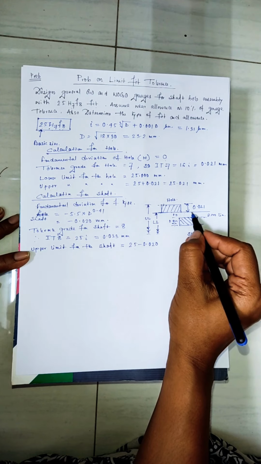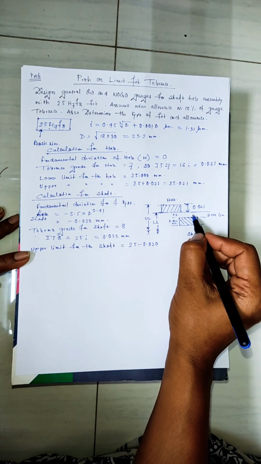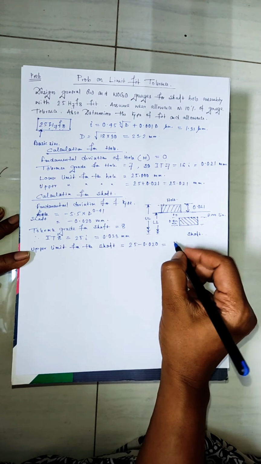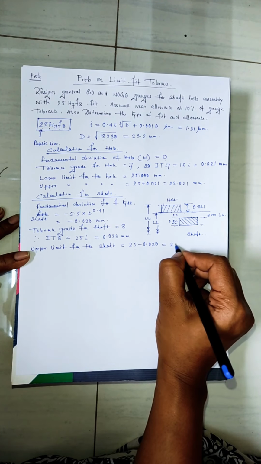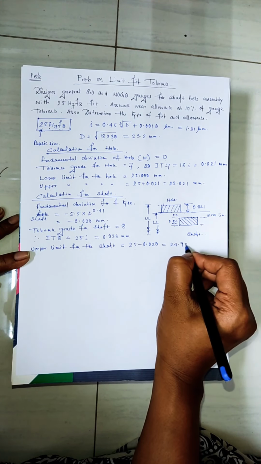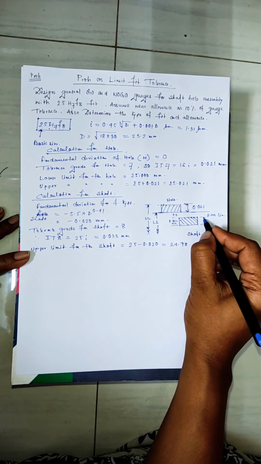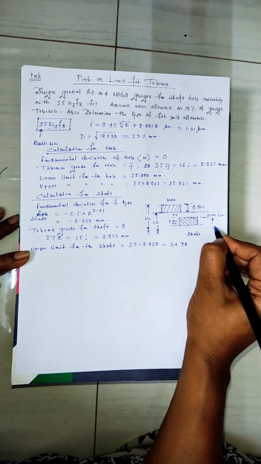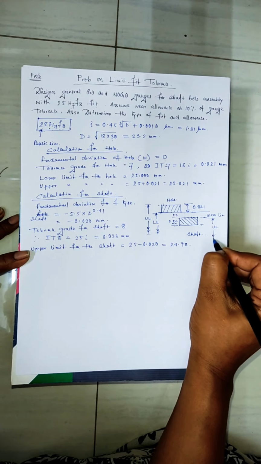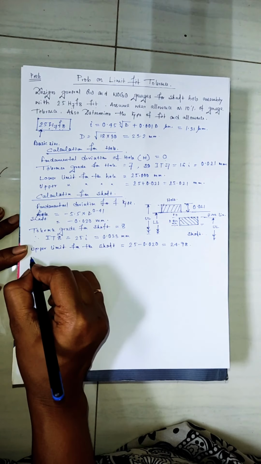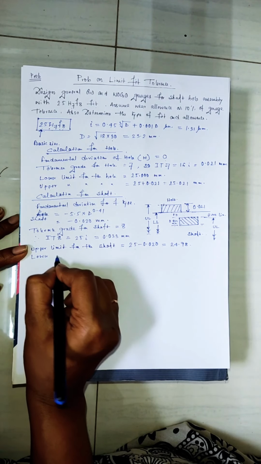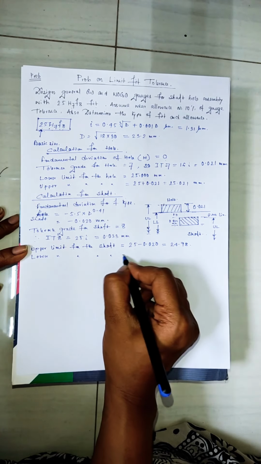So 25 is the basic size, and minus this value, that is equal to 24.98. So this is the upper limit for the shaft.